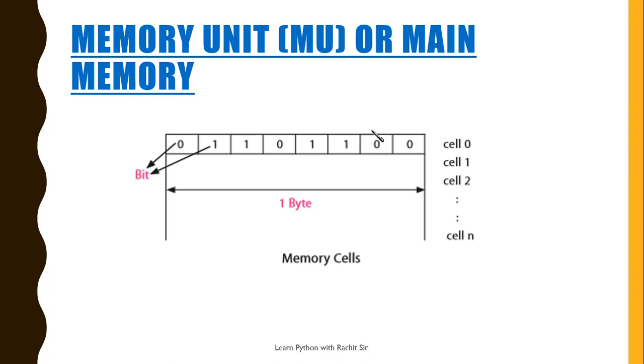As you see in this diagram, each of these cells is further broken down into smaller components like bits. A bit stands for binary digit, that is either 0 or 1, which is an elementary unit of computer memory. Combinations of these bits together are used to store the data and instructions. 8 bits together form 1 byte.